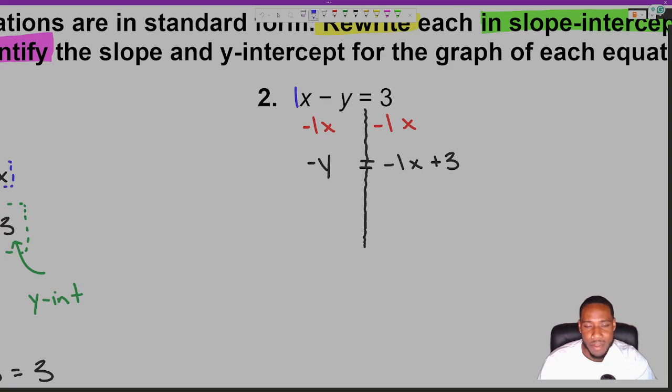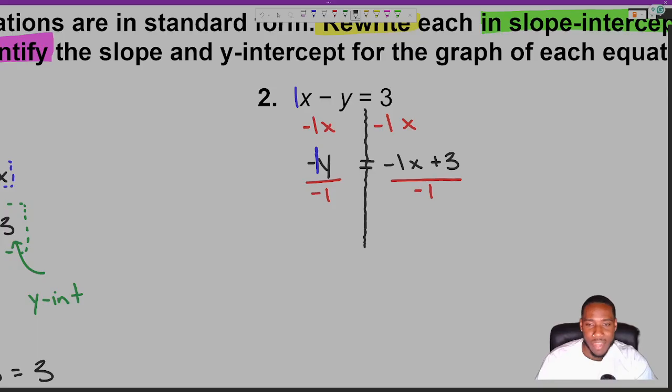Just like we used identity property to put a 1 in front of that x initially, we can do the same thing with the y here. Right? Negative y is the same thing as negative 1y, or negative 1 times y. And that helps us because now we see our next step should be to divide everything by negative 1. And interestingly enough, we could solve the problem if we multiplied everything by negative 1 as well, because those have the same effect.